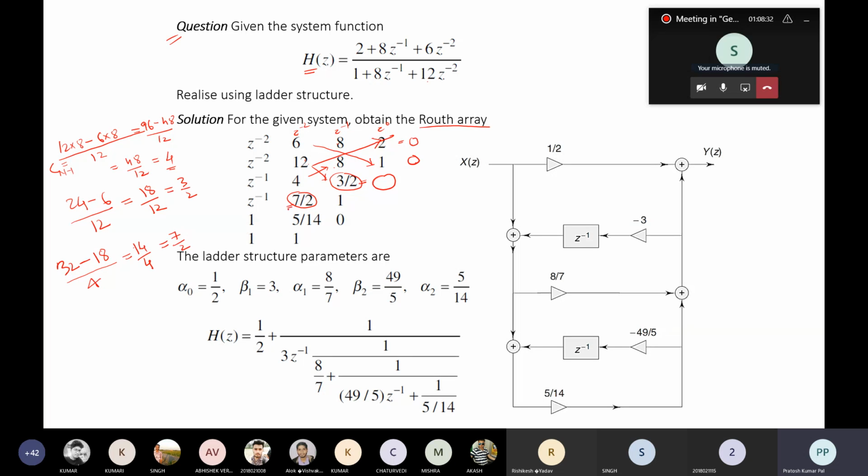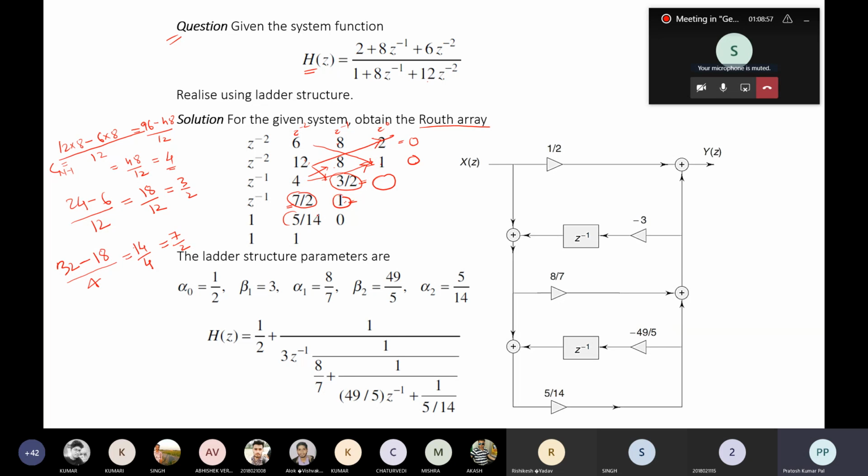Similarly, to find the next value, we multiply this 4 with this 1, and 12 with 0, so 12 into 0 is 0. So 4 minus 0 divided by 4 again comes out to be 1.